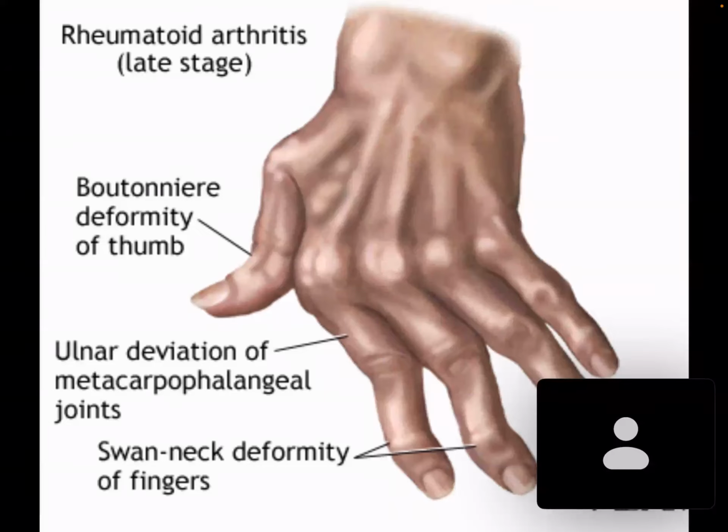The second is type 1 diabetes. The third is autoimmune thyroiditis, either Hashimoto's or Graves' disease. Then Addison disease, then celiac disease, inflammatory bowel disease.